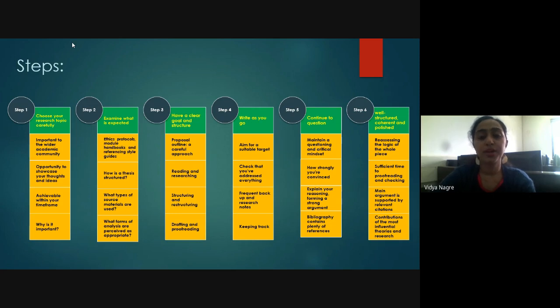Next step included is write as you go. It is highly important, and many students don't do it. Ultimately, many people don't tell it. I mean, the teachers or the guides or the ones who are assuring them for research, they don't tell it. From day one itself, start writing down. Have a dedicated notebook, or if you are using a laptop, have a dedicated folder where you create lots of docs.